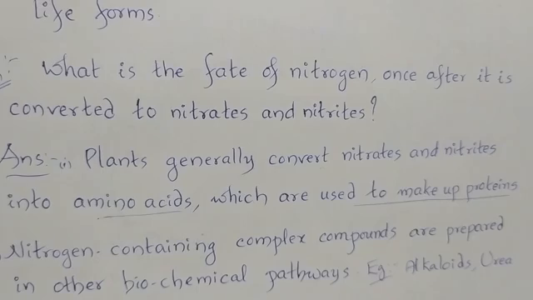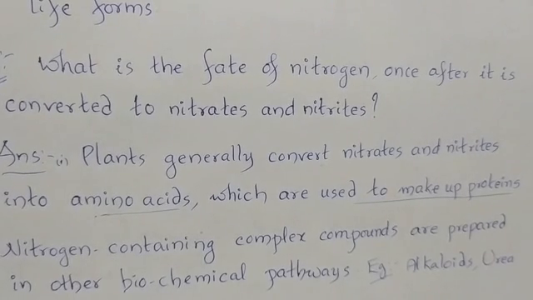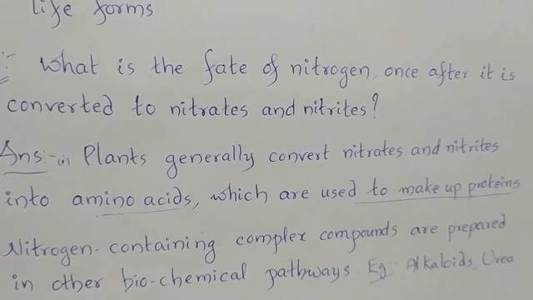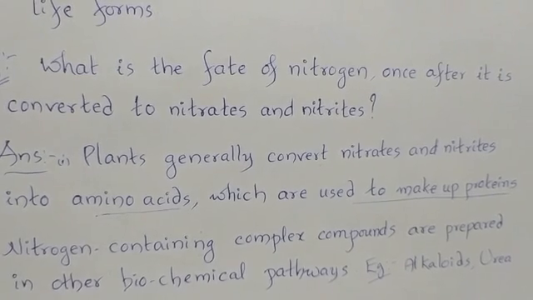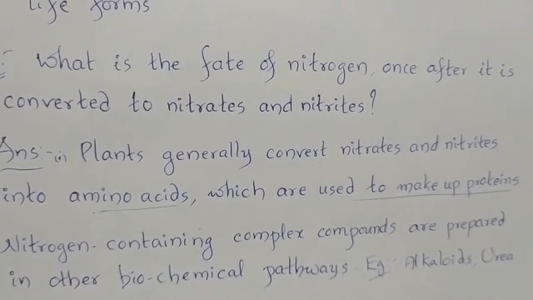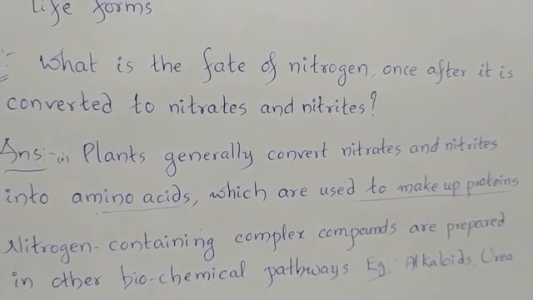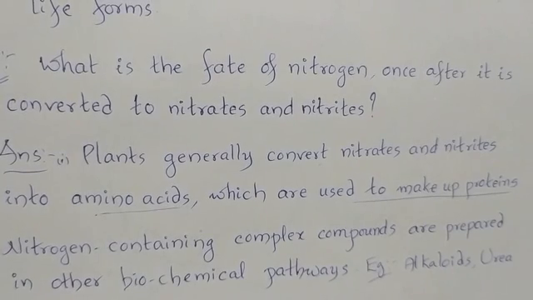Amino acids are used to make up proteins because amino acids are the precursor molecules for proteins. Next, nitrogen containing complex compounds are prepared in other biochemical pathways using the nitrates and nitrites.